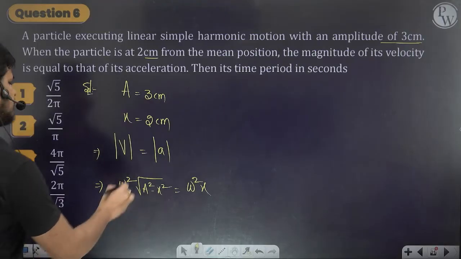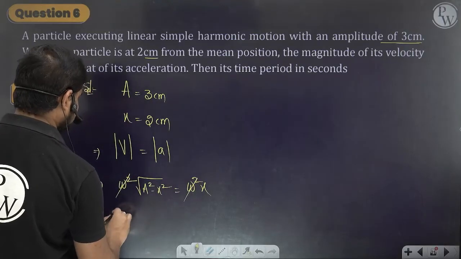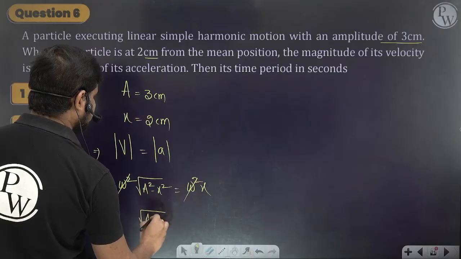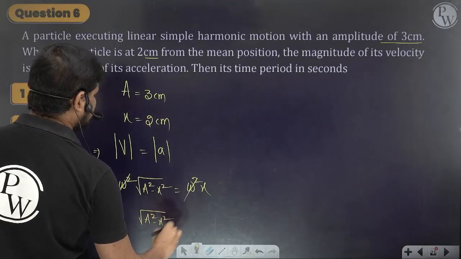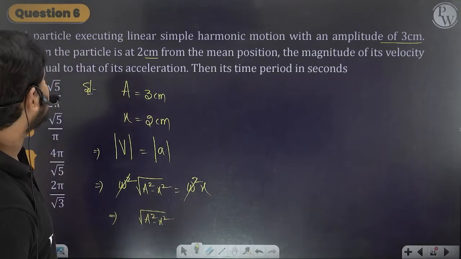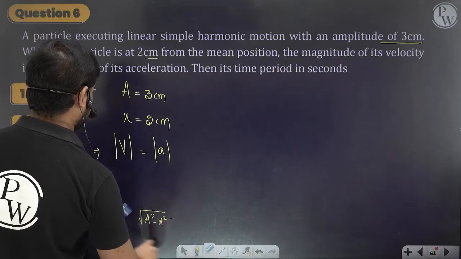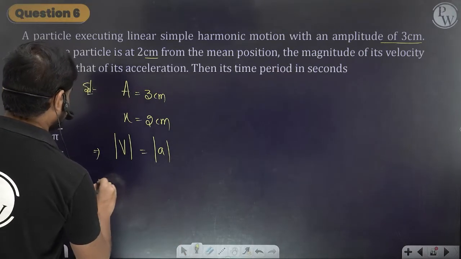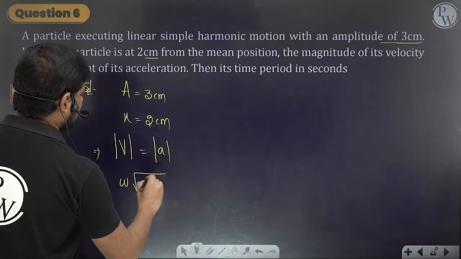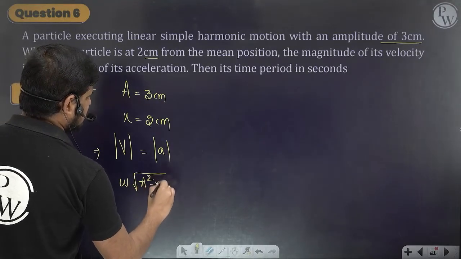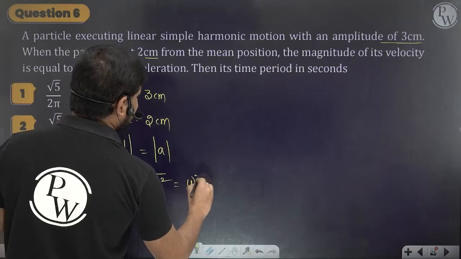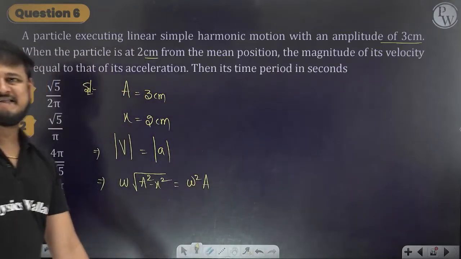Done. So from here omega square cancels. So the square root of a square minus x square, what do we have to find? The time period. Sorry, here it is not omega square, it's a omega. So it's omega into square root of a square minus x square equals omega square a. Done.